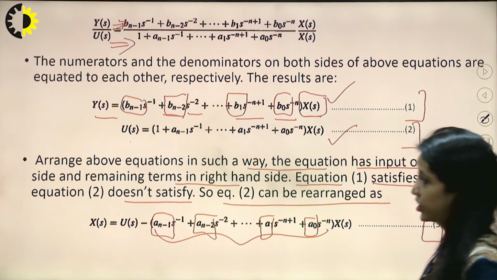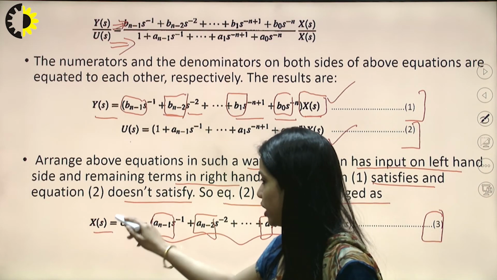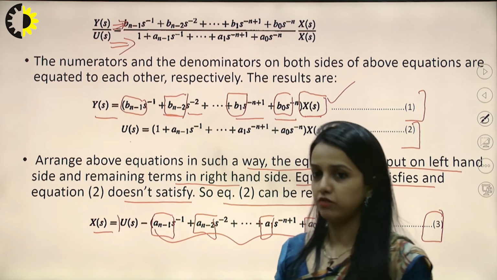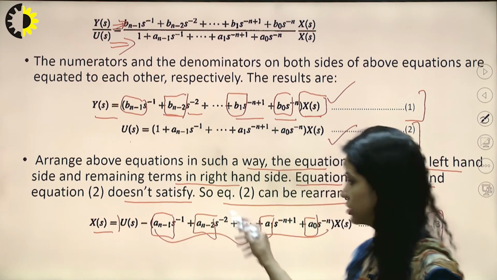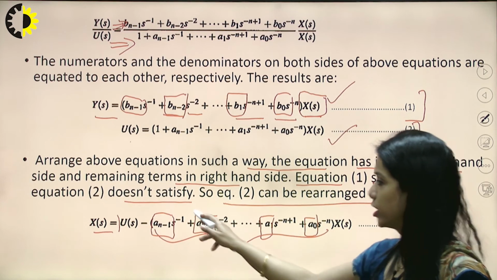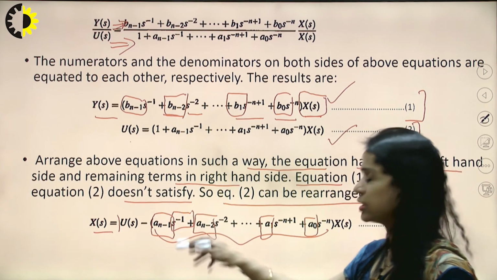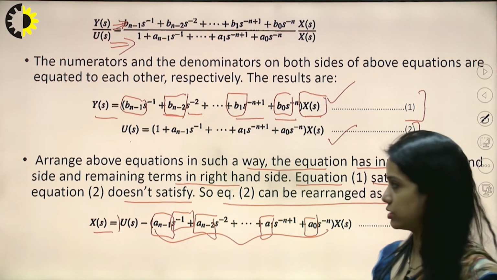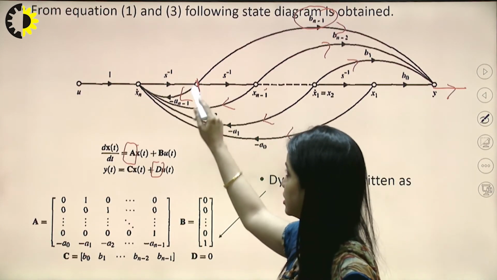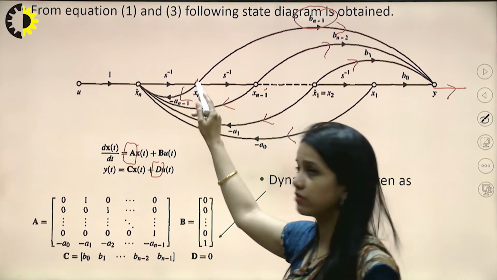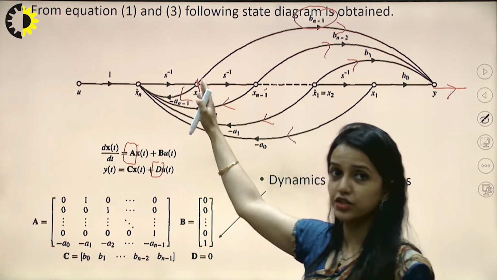Coming on to the second equation. Here we have the input multiplied with 1, minus all the terms which are coming in as a multiplicative term with s raised to the power minus 1. Here we have xn, with s raised to the power minus 1, like we have only one differential vector till here.